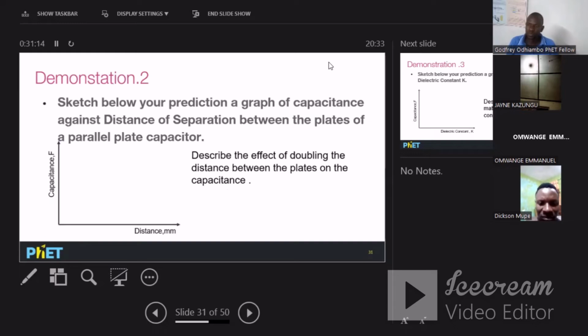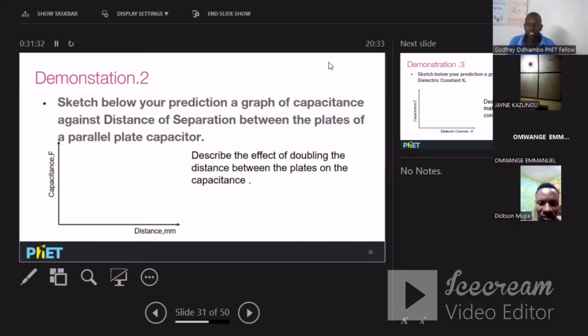The next one is, sketch below your prediction a graph of capacitance against distance of separation between the plates of a parallel plate capacitor. So even this one is a prediction which the student will predict and discuss in groups.